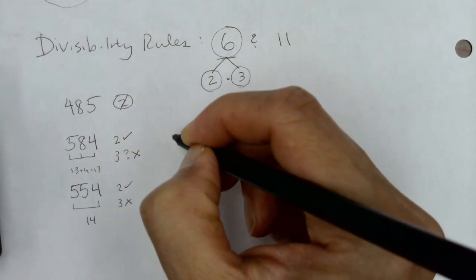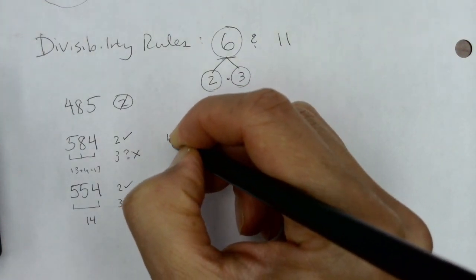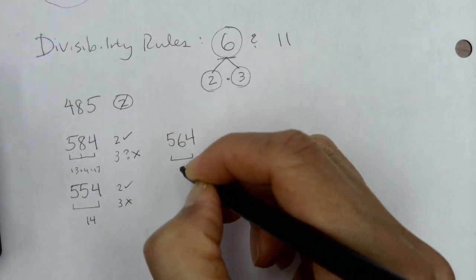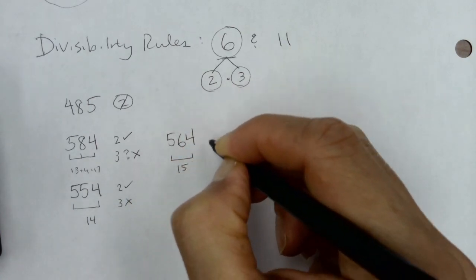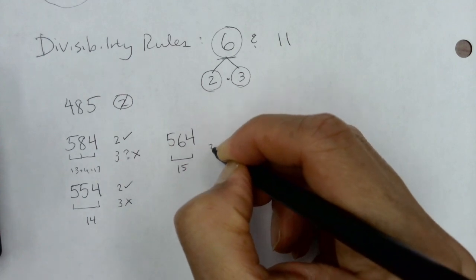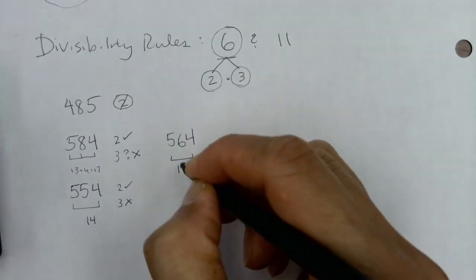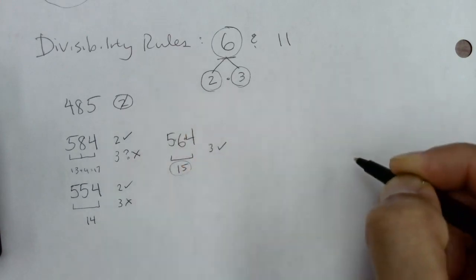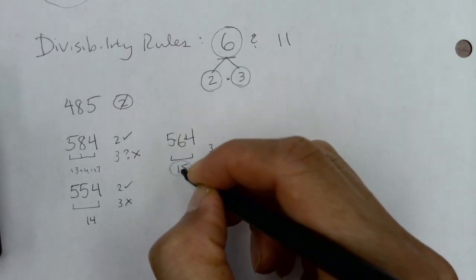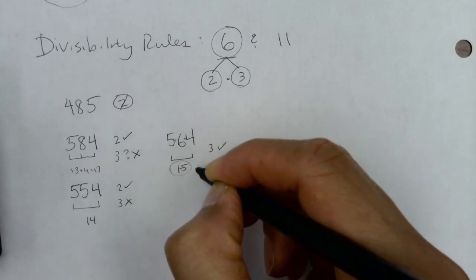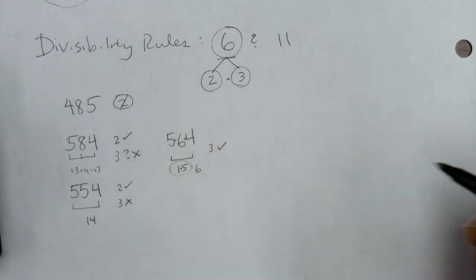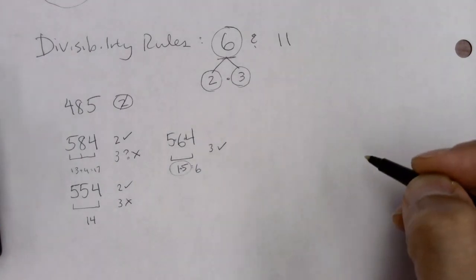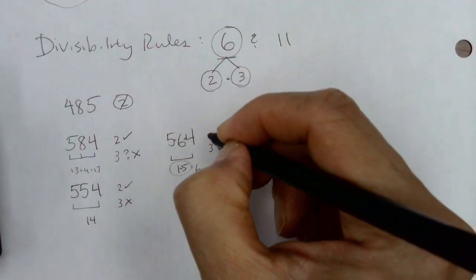What about 564? You can tell I'm looking for a number. Alright, that adds up to 15, so it is divisible by 3, since 15 is divisible by 3. If I add up the digits of my 1 and 5, I get 6, which is, if it's 3, 6, or 9, divisible by 3, and it is even.